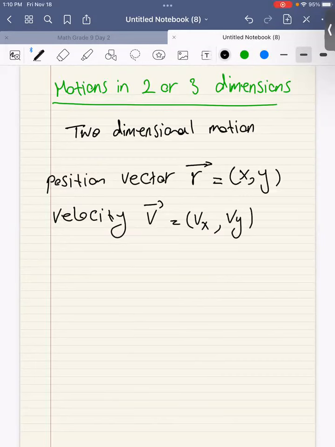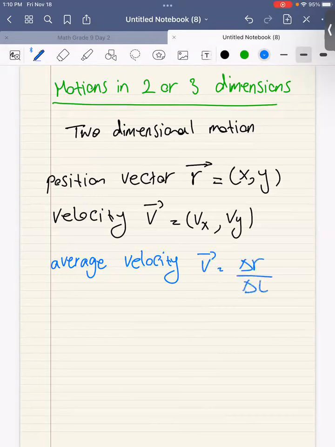Now the question is, if you want to compute the average velocity, what is it? The average velocity, which I denote by v, is, as usual, equal to delta r divided by delta t.